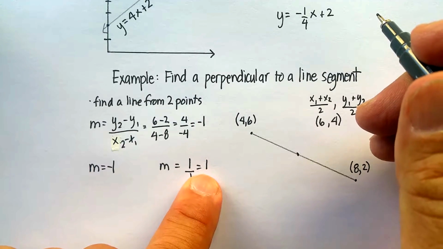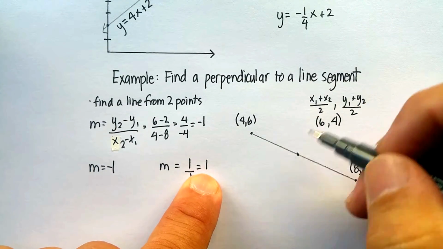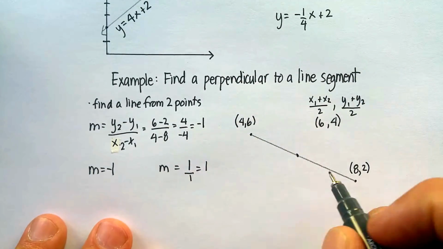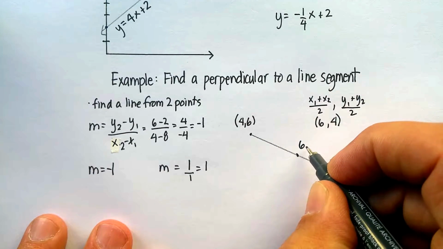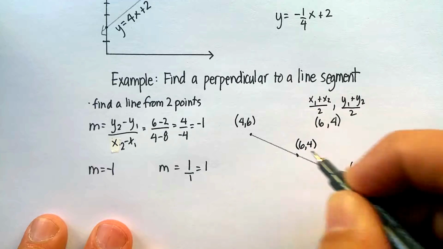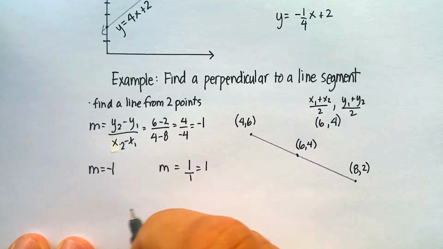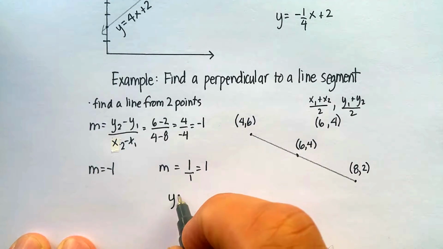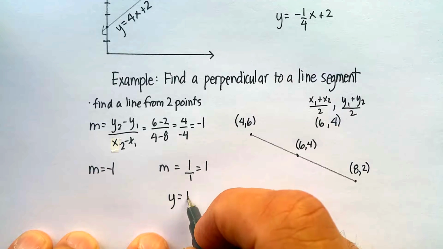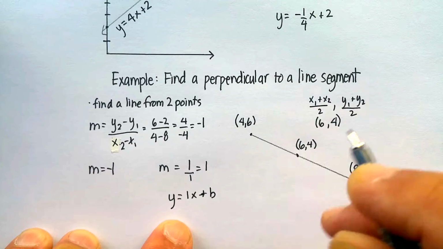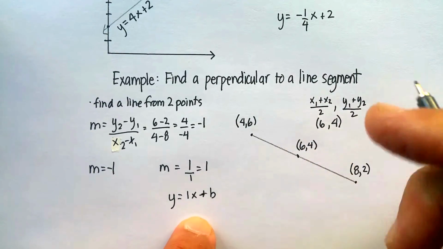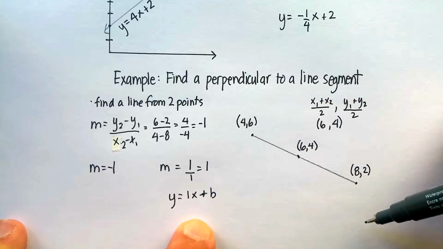So the perpendicular line to this segment will be, and I need to have it at (6, 4), right? Let's make sure I remember that. So now I'm going to have y is equal to 1x plus whatever the b is. Now, I don't know the b here because there's no y-intercept, is there?